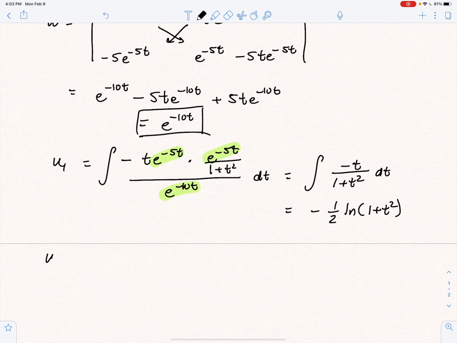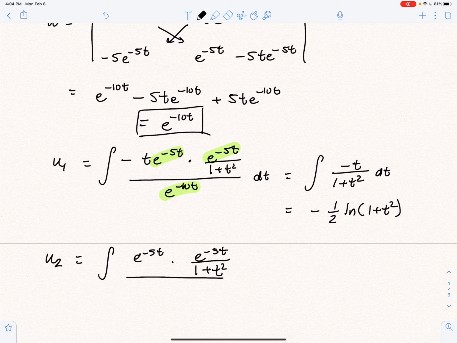Now u2 is the integral of y1, e to the negative 5t, times f, all divided by the Wronskian. And again, it looks disgusting, but things do drop out. So we are left with dt over 1 plus t squared, which you might remember is your arctangent.